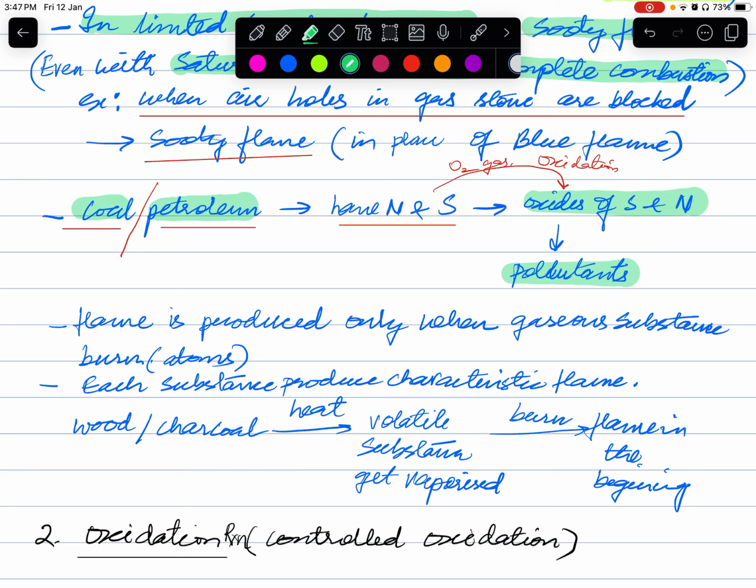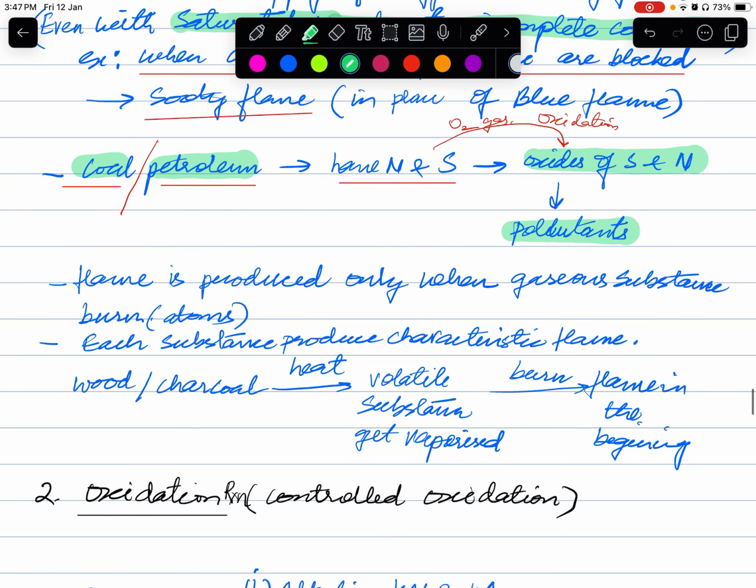Why do we get these pollutants? Because nitrogen and sulfur present in these compounds in a very small amount even undergo oxidation in the presence of air. Okay, the next thing which is very important to remember is that the flame, when we burn any fuel, is only produced when any gaseous substance burns.